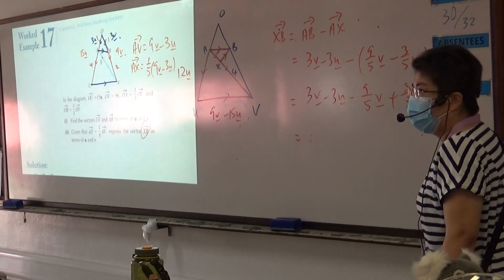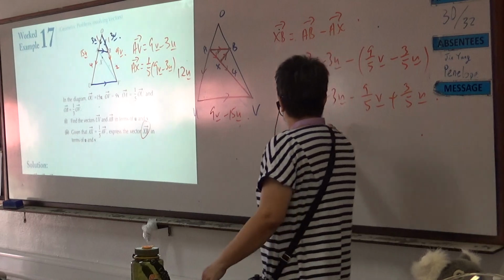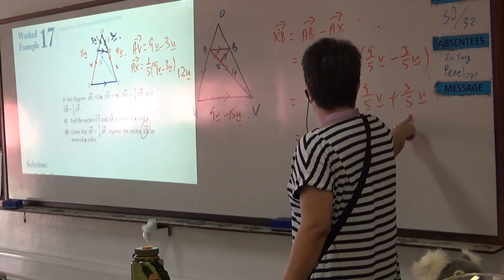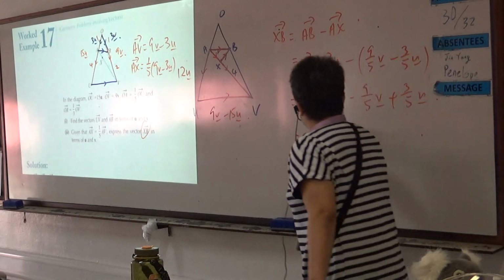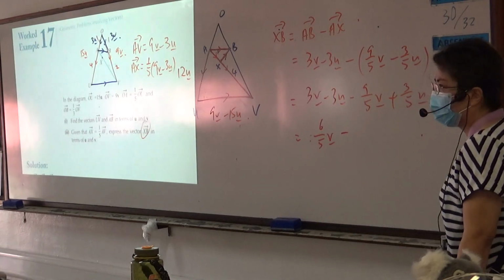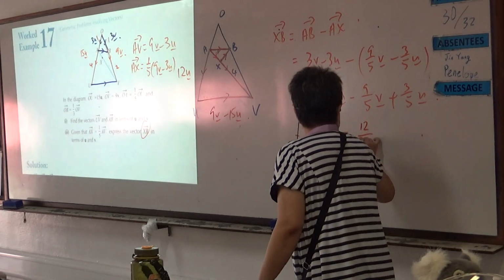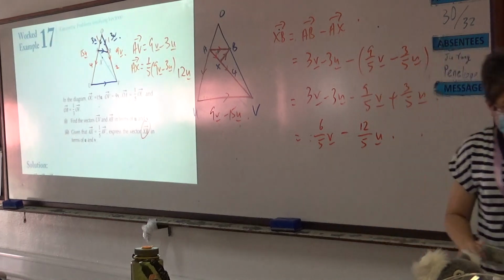What's 3 minus 9 over 5? 6 over 5 V, right? Minus 3U plus 3/5 U. Negative 12 over 5 U.